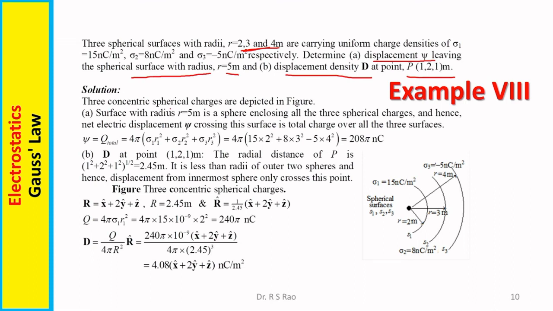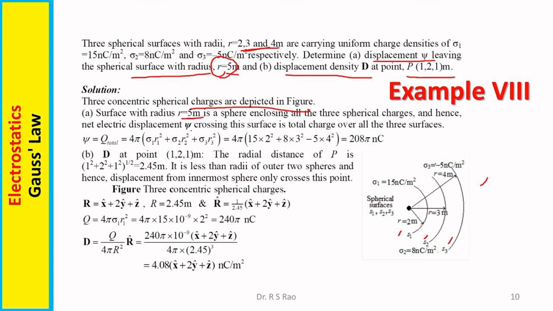So three concentric spherical charges are depicted in this figure. This is 1, this is 2, this is 3, each one carrying certain charge densities. The surface with radius 5 meter is a sphere enclosing all the three spherical charges. In A, we are asked to find the displacement leaving the spherical surface with radius r equal to 5 meters.